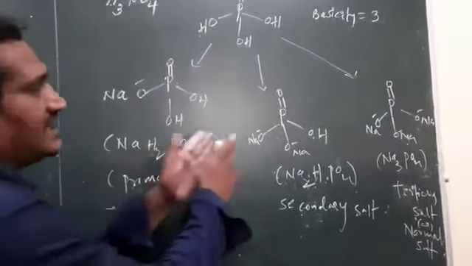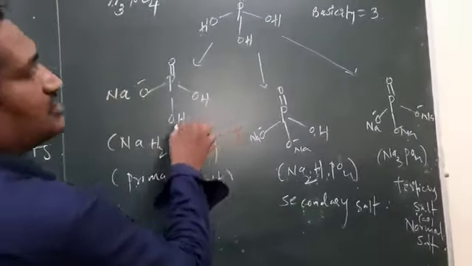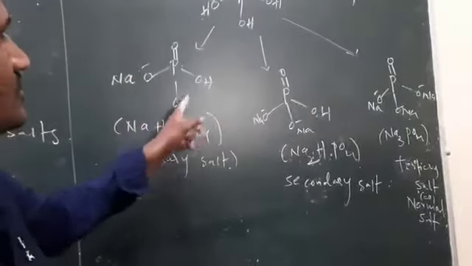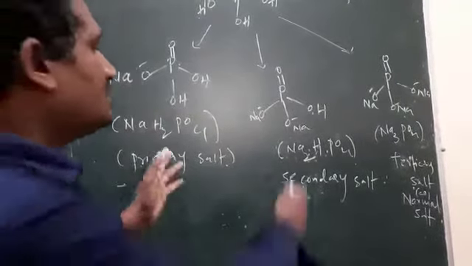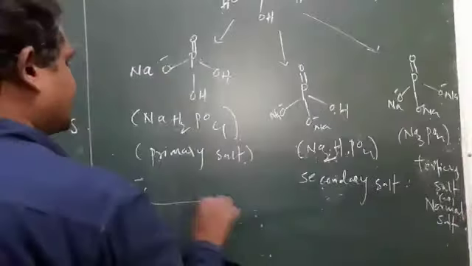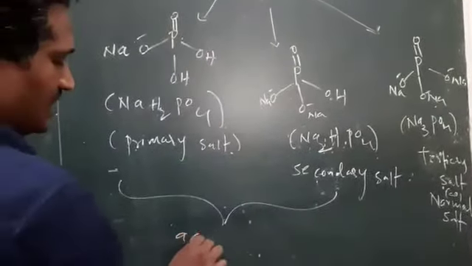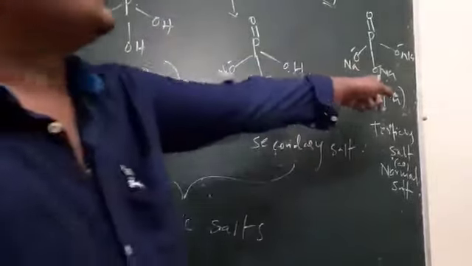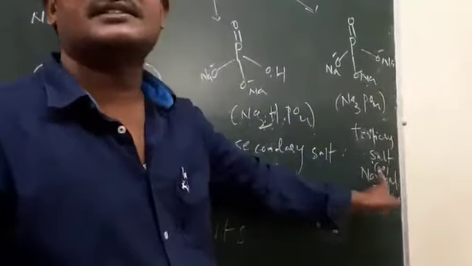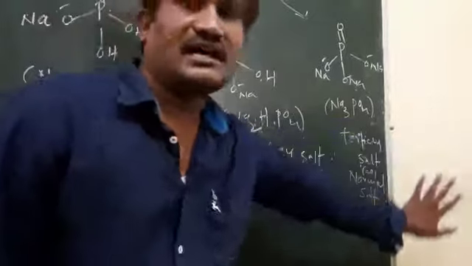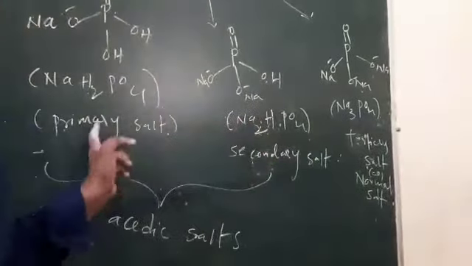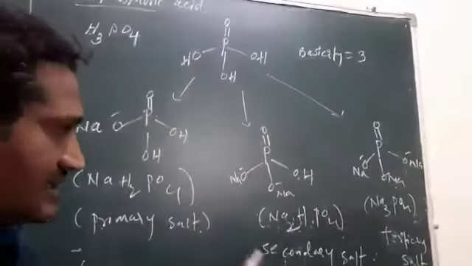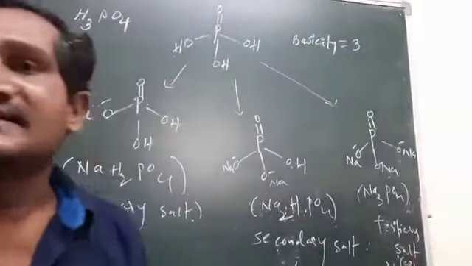Primary and secondary salts have OH groups and a metal, so these two are called acidic salts. There is no OH group in the tertiary case, that is a normal salt. So of the three salts, two are acidic salts and one is a normal salt.